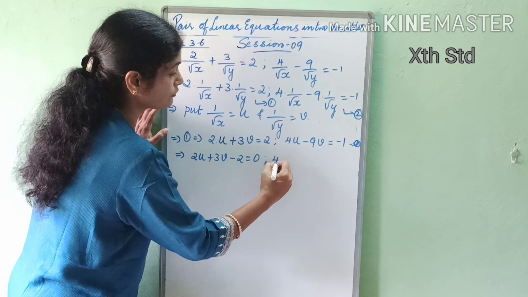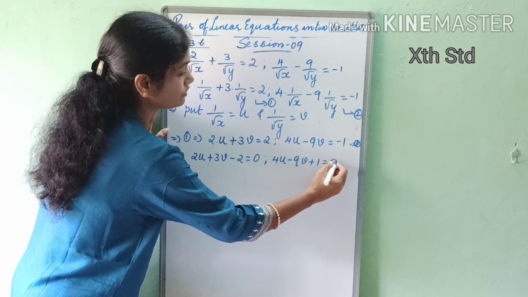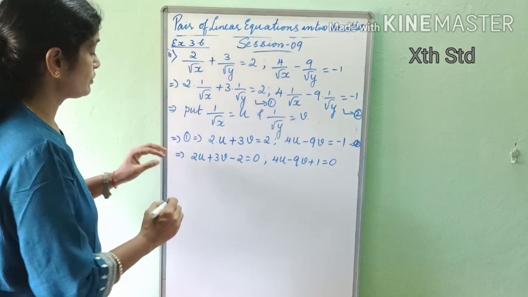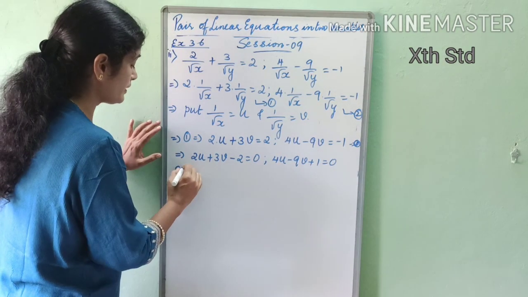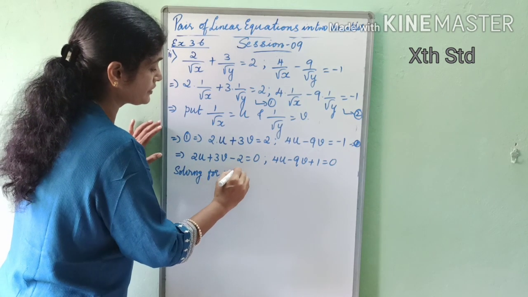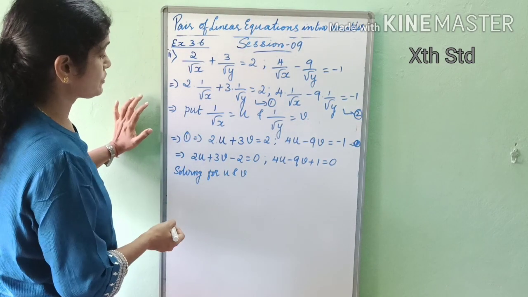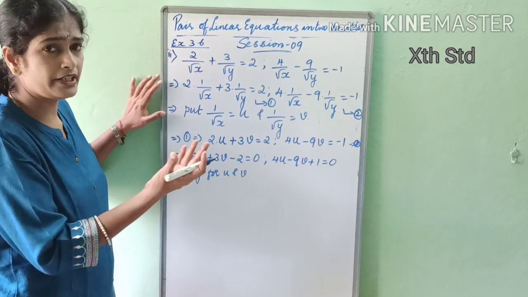Then 4u minus 9v plus 1 equal to 0. Now solve for u and v by any of the methods, substitution or elimination, any method.